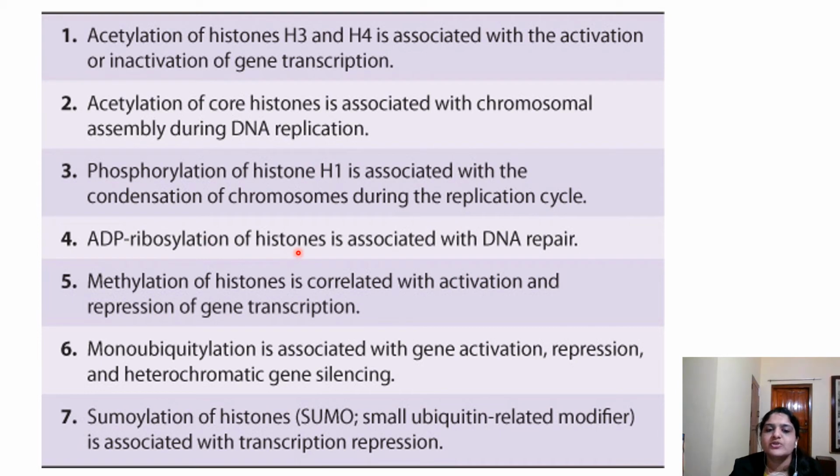ADP ribosylation of histones is associated with DNA repair. Methylation of histones is correlated with activation and repression of gene transcription. Monoubiquitination is associated with gene activation, repression and heterochromatic gene silencing. Sumoylation of histones is associated with transcription repression. These are the roles of modified histones.